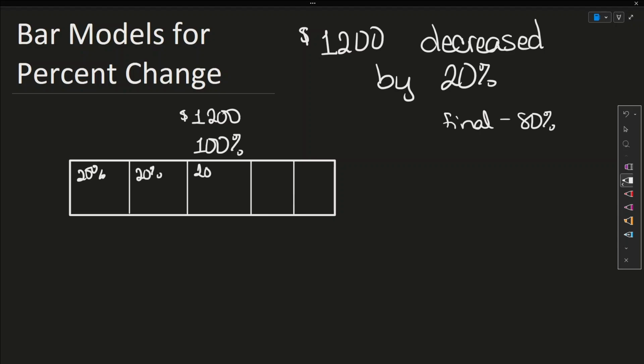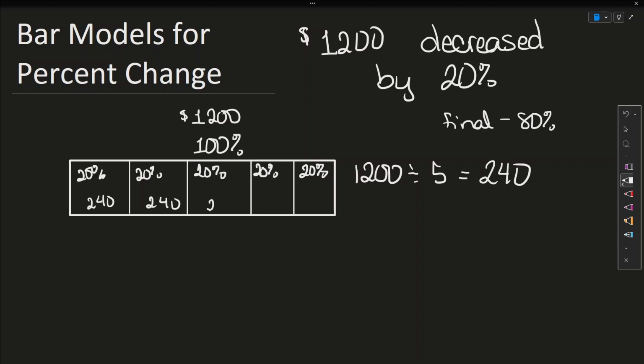When we do that, we will divide our 1,200 by 5 as well to figure out the size of each piece. When we do that, we get 240. So each of these is going to be 240.